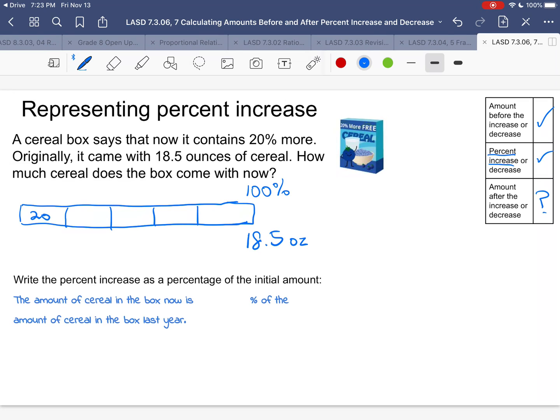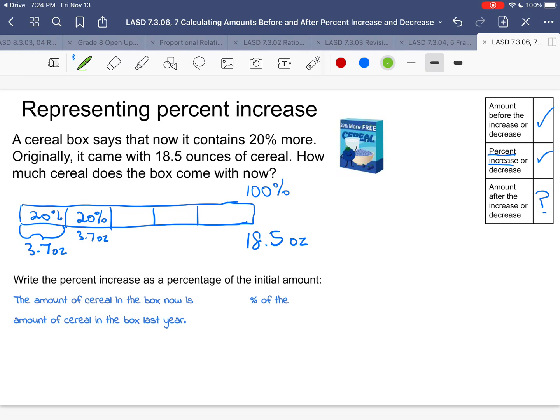Each of those is 20%. For the amount in each one, I divide the 18.5 ounces by 5, so there's 3.7 ounces in each of these 20%, another 20%, another 3.7 ounces, and so on all the way across.